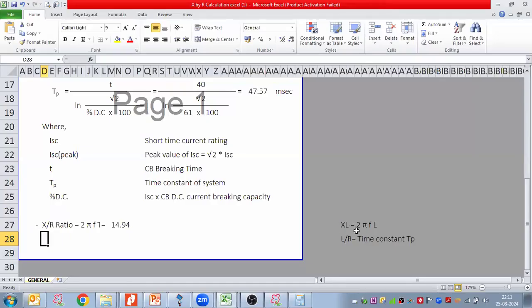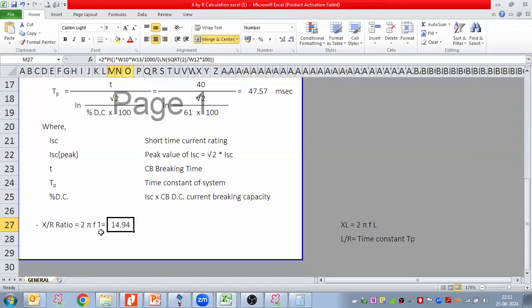We know that XL equals 2 pi FL, so 2 pi FL divided by R. In that case, the X by R ratio comes from 2 pi FL, just this value.